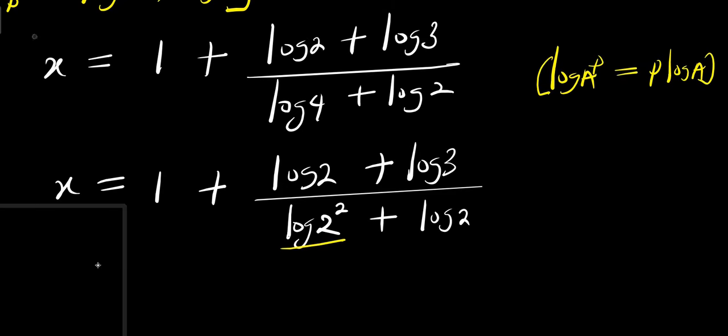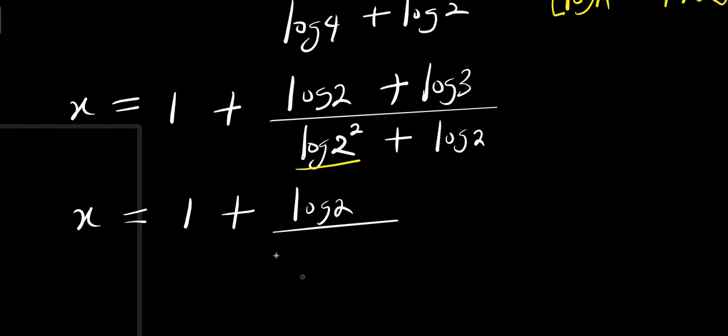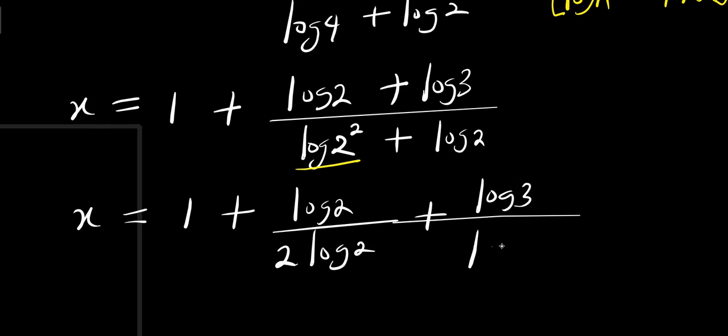We have x equals 1 plus log 2 plus log 3 divided by 2 log 2 plus log 2.